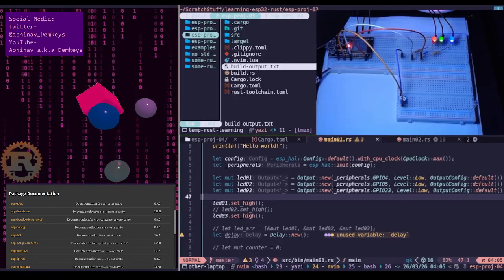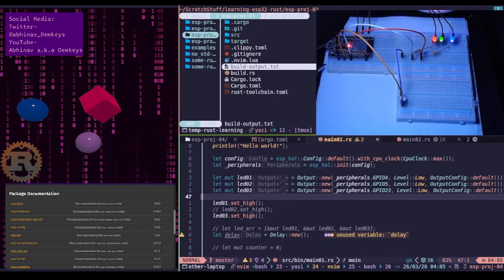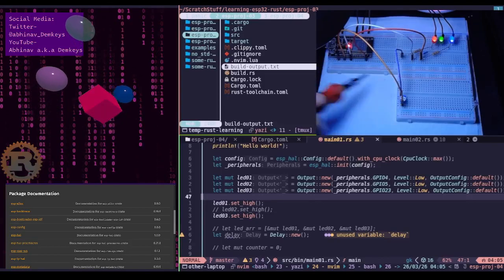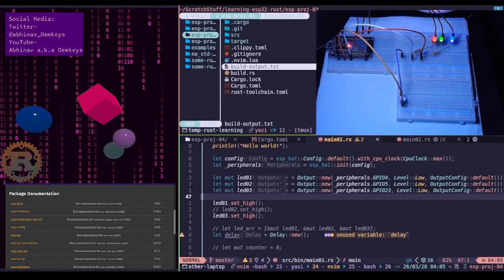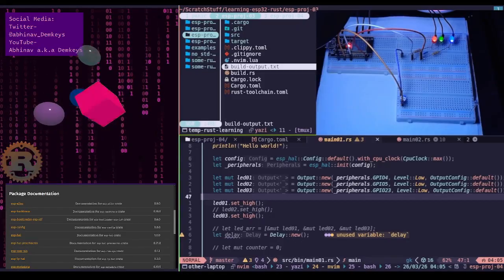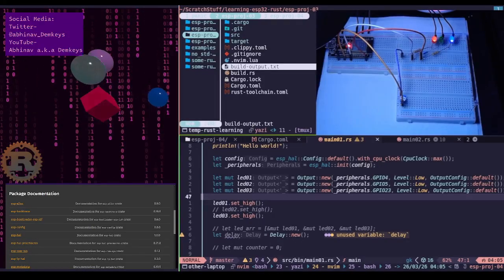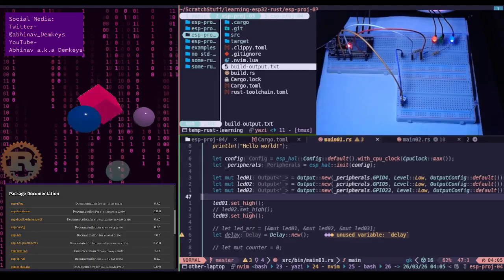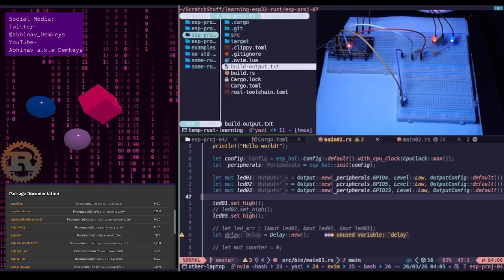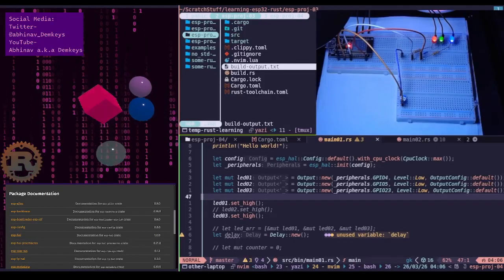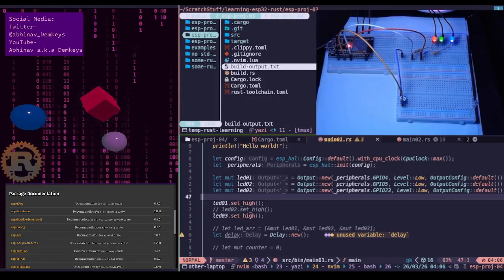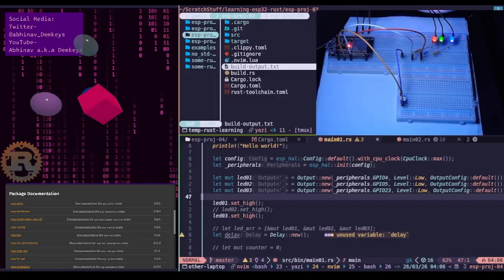These are basically just rails that run like that, and usually you're supposed to connect this into power, so your VCC and ground would go into these rails. It's just out of convention. You can plug whatever you want into it. You're not obligated to specifically plug power related stuff into it.